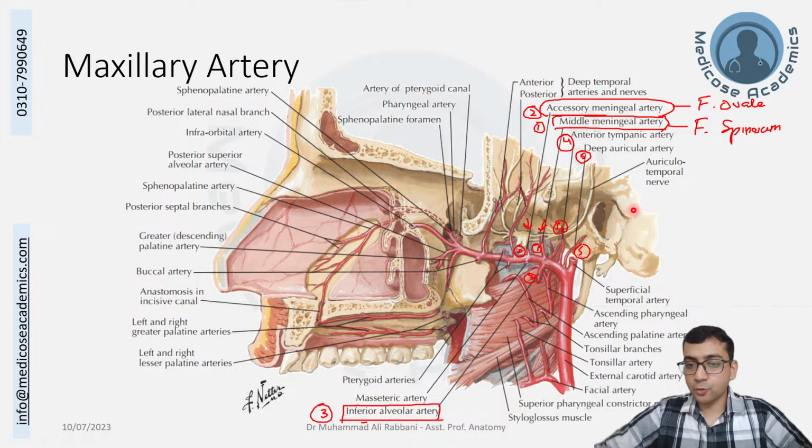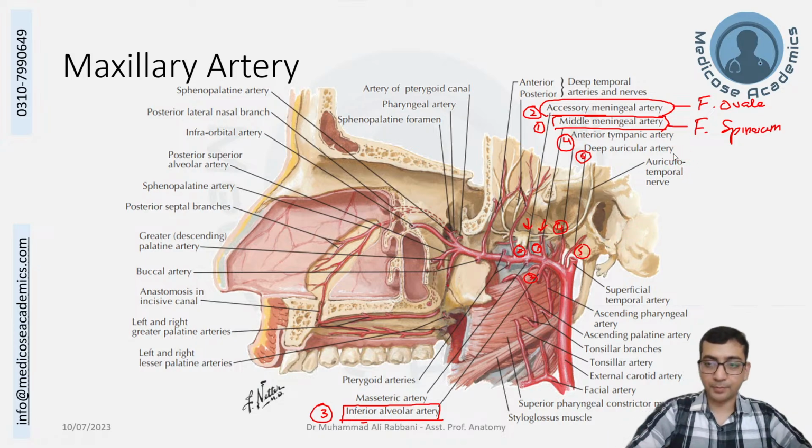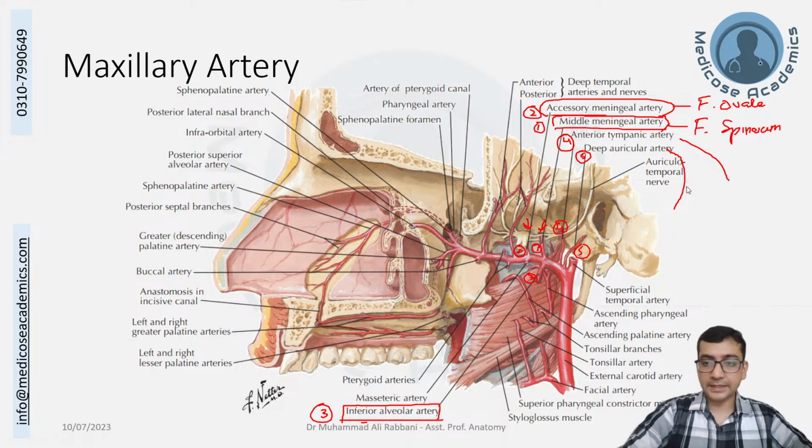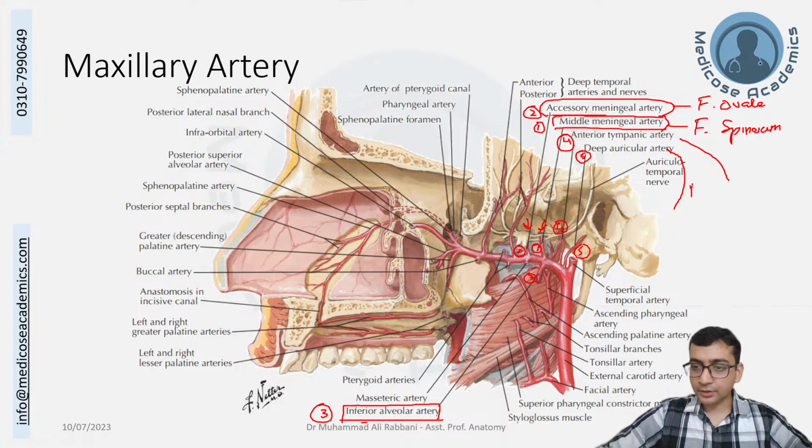I know it's too much, but just for the sake of completion of notes, I will mention through which openings they enter. The anterior one enters through the fissure between the petrous bone and the tympanic part, the petrotympanic fissure.